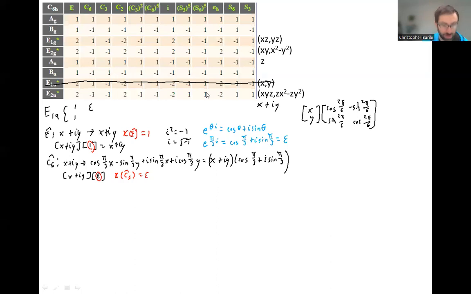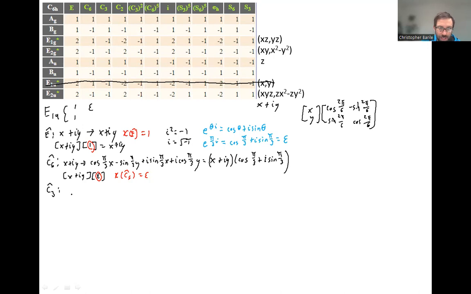So we can do a similar sort of process for the other operations. And so instead of having to actually go through all these rotations, what we can instead think about is, all right, for C3, what's going to change here? Well, this pi over 3 is now going to become, we're rotating by 2 pi over 3. And so all this is going to stay the same.